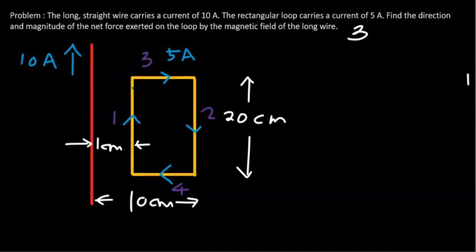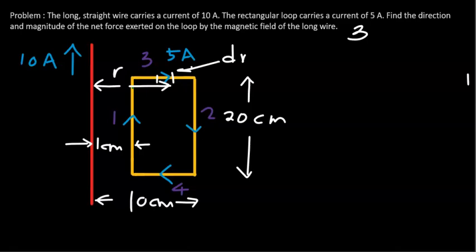So let's take an arbitrary element on side 3, say that element, a current element, the length of which is, let's say, dr, so a very small element, and it is situated at a distance, say, r from the long wire. So the center of that little element is situated at distance r from the long wire.